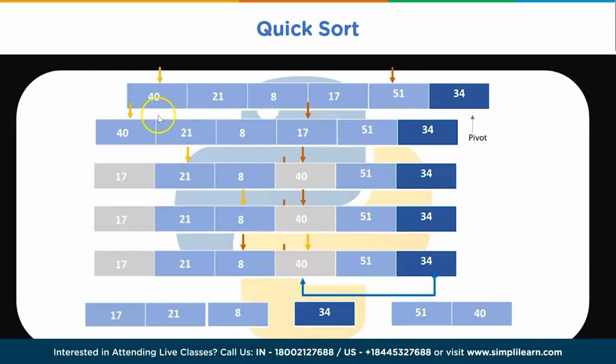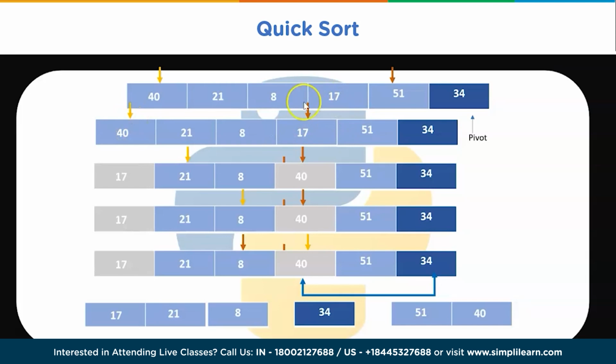So now I will remain static and J will move one element further, which is 17, and it will check whether J is less than 34 or not. If not, then it will stop over here, correct? And I is checking whether it is greater than the pivot or not. If so, then it will also stop over here.